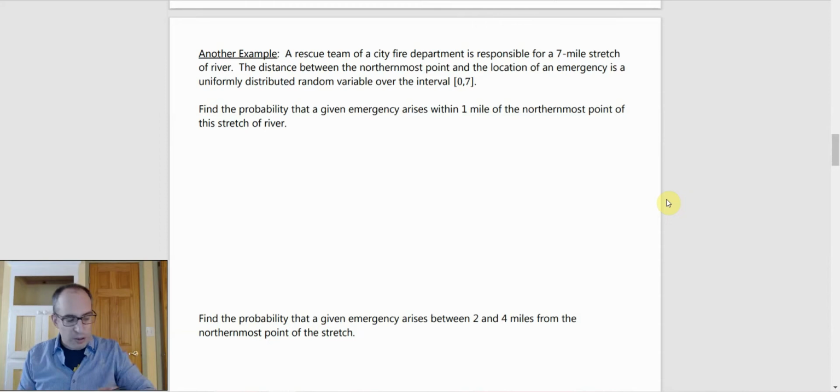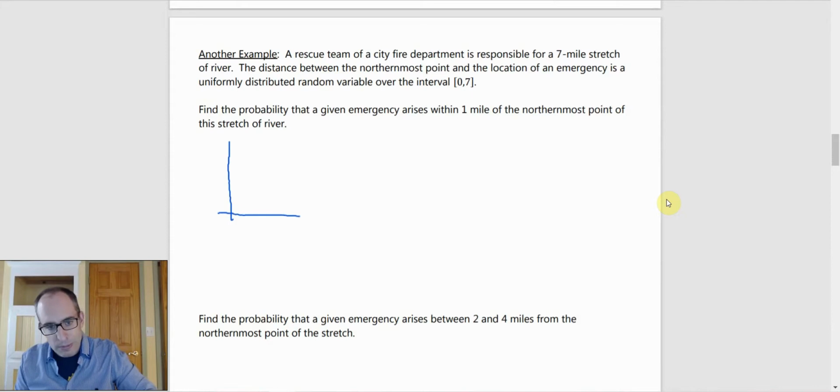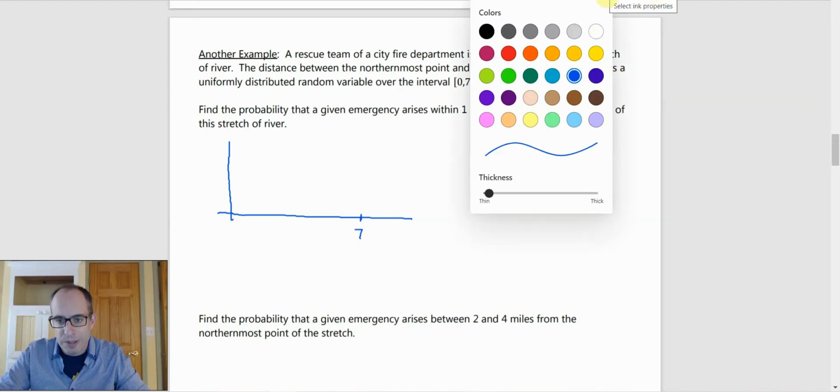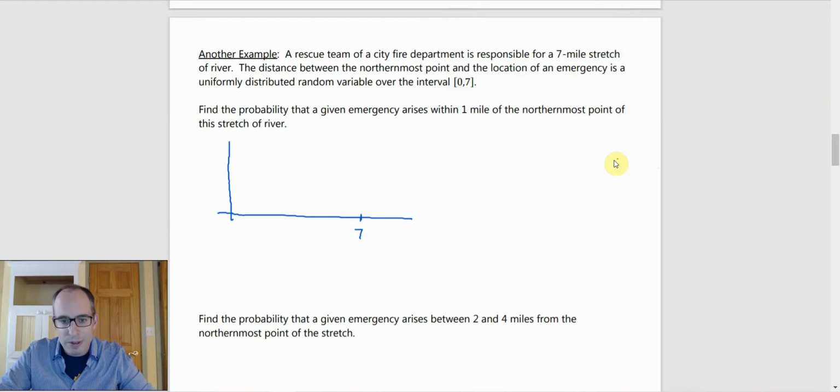Okay, well then if I draw this picture out, let's say this is where 7 is, then my rectangle, which I'll make a different color, we'll go for the maroon, has got to go up to some number, which we're going to figure out.